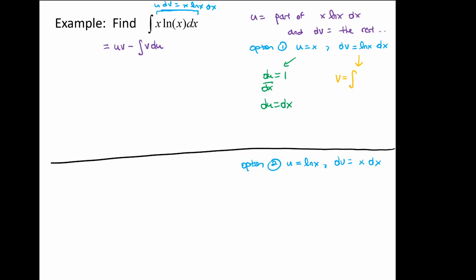On the right hand side, we integrate ln of x. Which can be done, but it isn't something that you have memorized. It's not memorized. It's not on your list. Okay, so at this point, once you have a dv that you can integrate, try the other option.